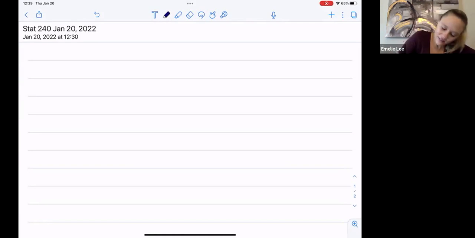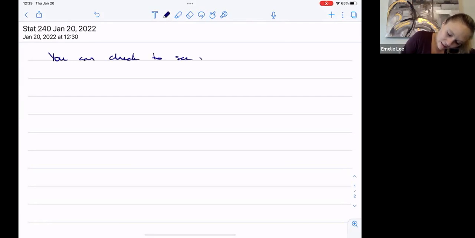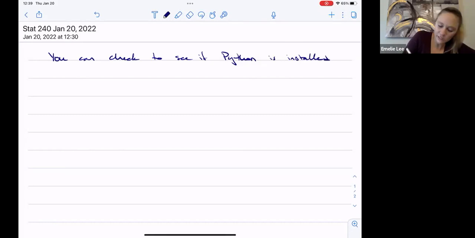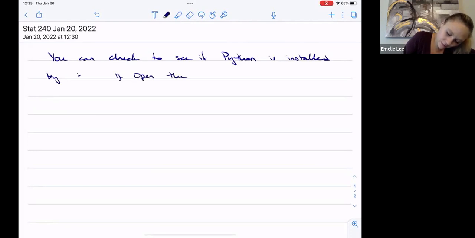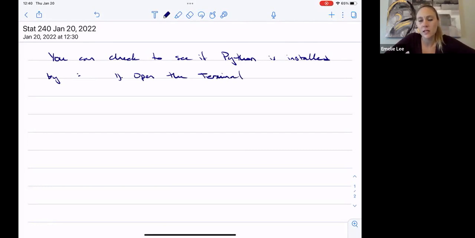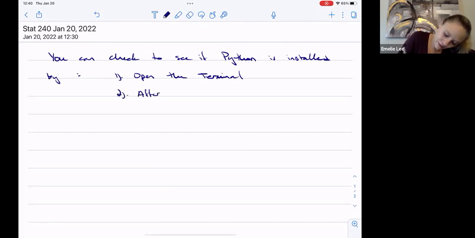So you can check to see if Python is installed by opening the terminal. I think it's a similar scenario, it doesn't really matter if you're on a Mac or on a PC. And then after the $, write python.